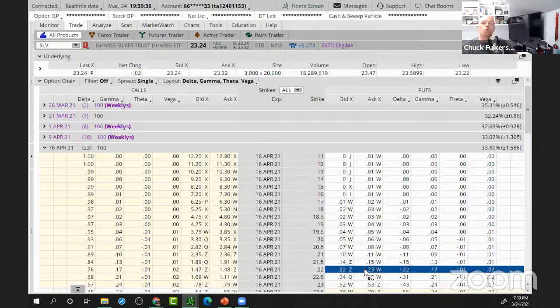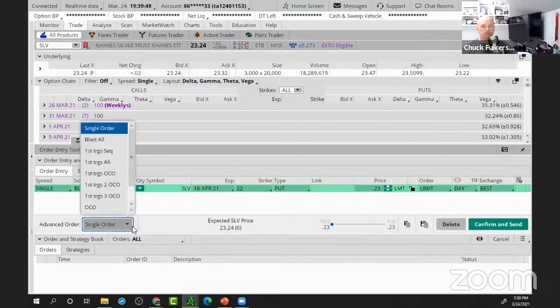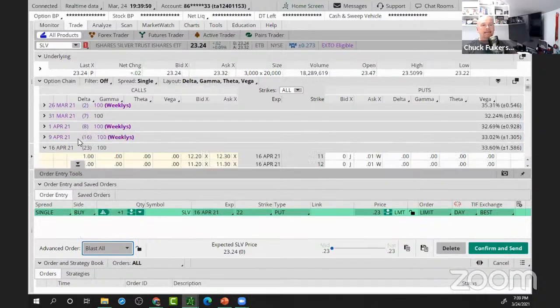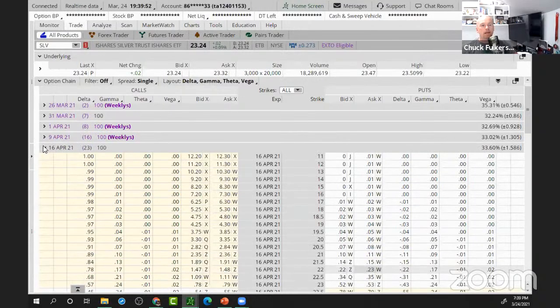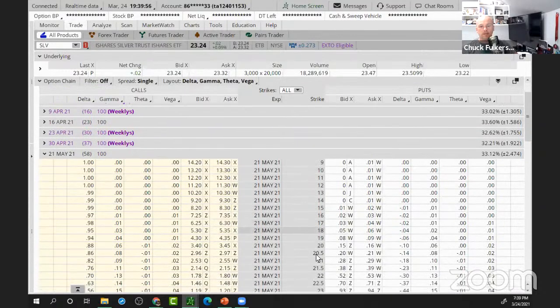Now, rolling the position means that in the same transaction, when I buy the 23s to close my other position, at the same time I'm going to go out to May and go to the 21s.